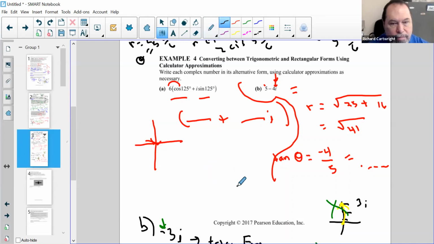The answer will be r cis, so r is the square root of 41, cis of, let's see, it's going to be whatever the arc tangent, because remember, we're going to have to go arc tangent or inverse tangent of negative 0.8. So cis, I need to know what this is because that goes here. That's the angle.